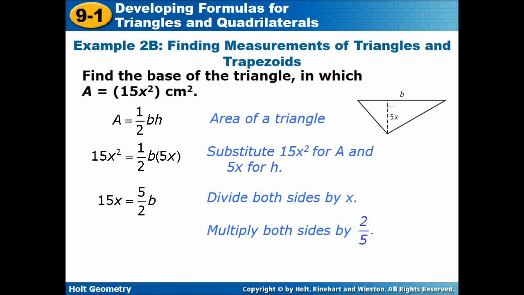Now multiply both sides by the reciprocal of 5 over 2, and that's going to get rid of the fraction on the right-hand side and allow us to get b all by itself. So when we multiply and then divide, b is going to equal 6x. Now let's use the symmetric property of equality and just reverse those, and we'll have b equals 6x centimeters. Not too tough.